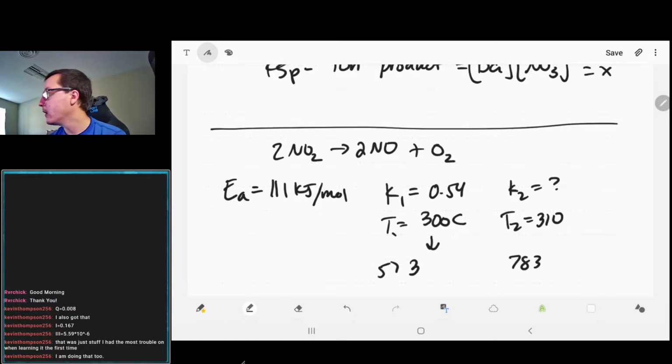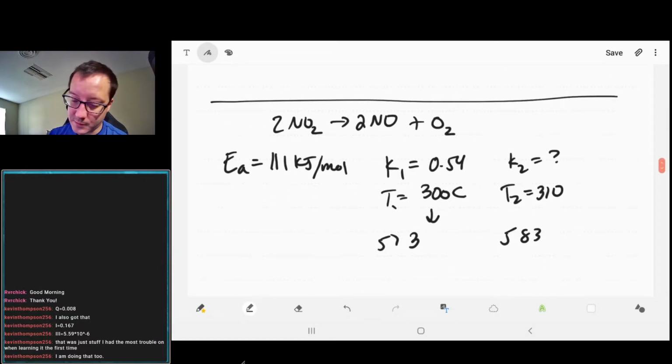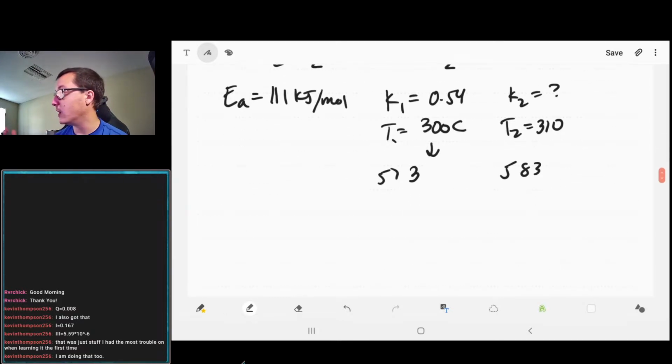Cool. I really am terrible at writing numbers. I just said 583 and I wrote 783. Doesn't make any sense. So we have just a couple things here to make sure of. So we're looking at K2, right?